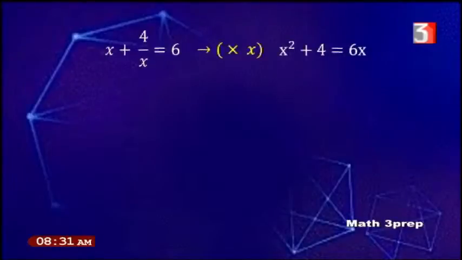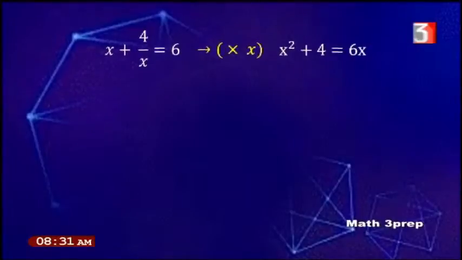When you multiply the whole equation by x, x multiplied by x gives x power 2. Plus, when you multiply 4 over x by x, you reduce x with x, so you obtain 4, equals 6 multiplied by x gives 6x.